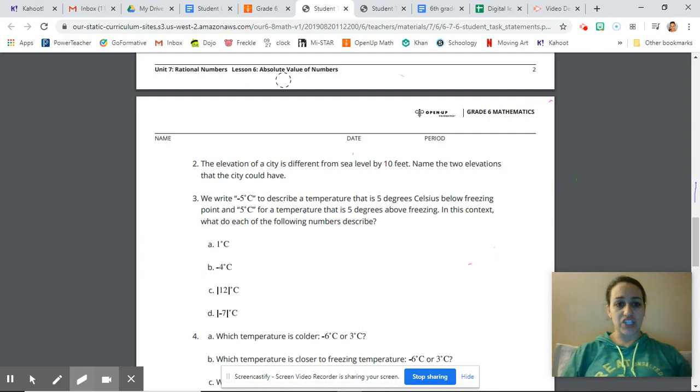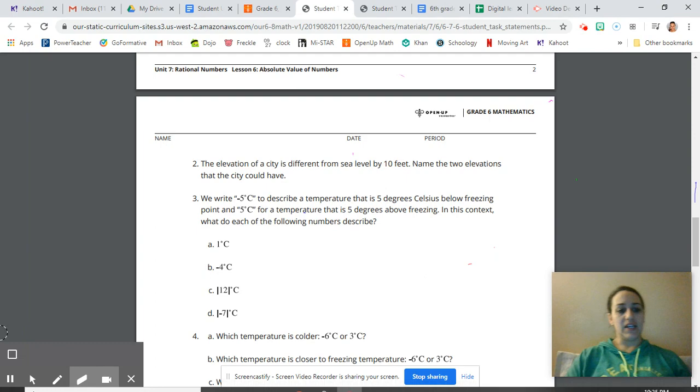So I'm looking at question number 3. If we write -5 degrees Celsius to describe the temperature that is 5 degrees Celsius below freezing, and 5 degrees Celsius for a temperature that is 5 degrees above freezing, in this context, what do the following numbers describe?